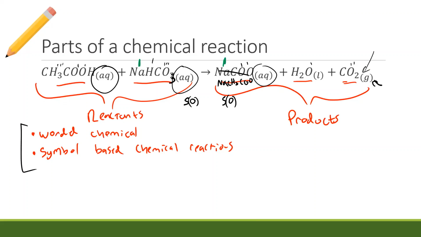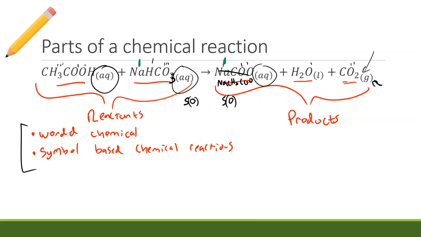Now, one part that used to stress me out when I was in year 10 was, how do I know if it's a liquid or a gas? The idea is most of the time it's going to be aqueous because a lot of our things are going to be in liquid.